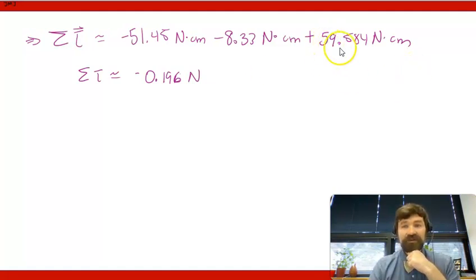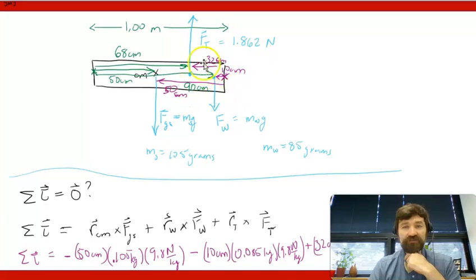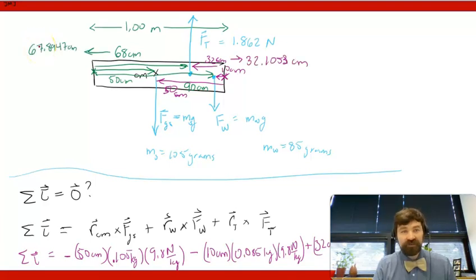But we have to remember that this last number was actually calculated from some rounding. I actually did not have 68 centimeters or 32 centimeters, but that was rounded from 67.8947 centimeters. And so this 32 centimeters is really 32.1053 centimeters, which when multiplied by 1.862 gives me 59.78 and some additional digits.